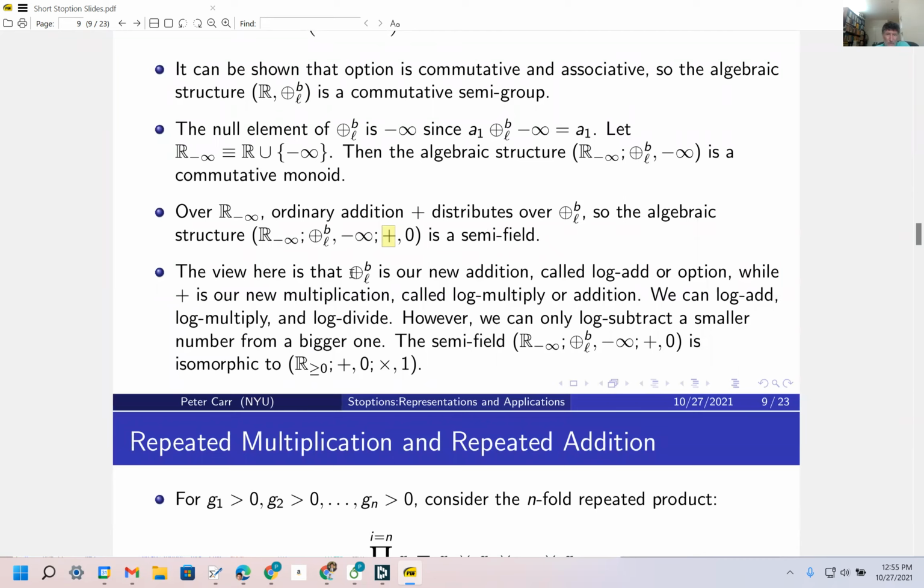So the view here is that this option binary operation, we'll think of it as, quote, a new addition. There is an actual mathematical sense in why we can call this addition. It's not literally ordinary addition, but it has many of the properties that ordinary addition has.